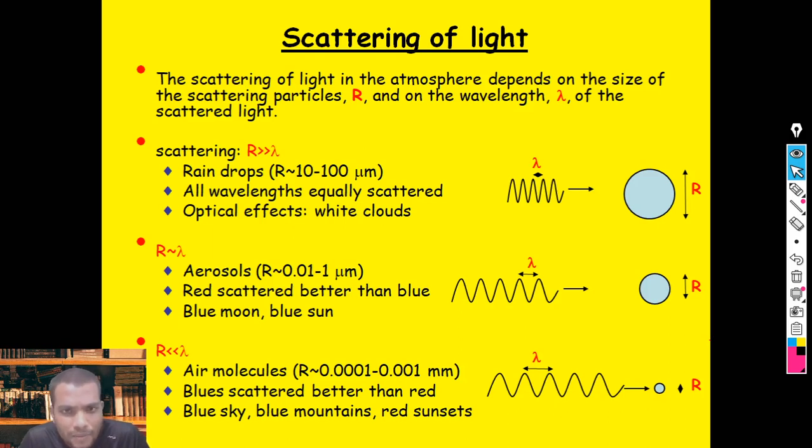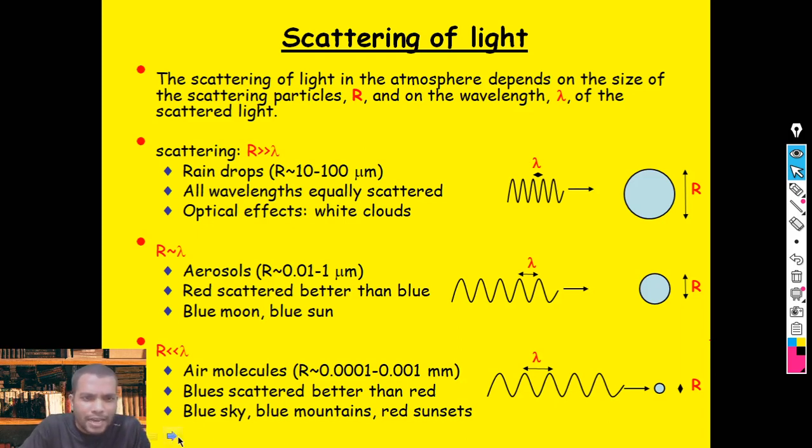That causes different phenomena like white clouds, sometimes blue moon and blue sun, or blue sky or red sunsets.